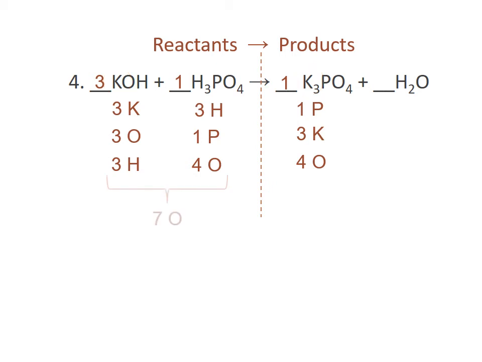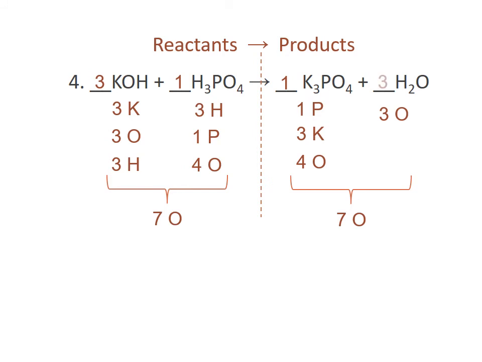Now to finish, I'm going to use my oxygens. I have a total of 7 oxygen on the left-hand side. On the right-hand side, I will also need 7 oxygen. There are already 4 oxygen in the K3PO4, so that means to get a total of 7 on the right-hand side, I need 3 more oxygen, and they have to come from that water molecule.